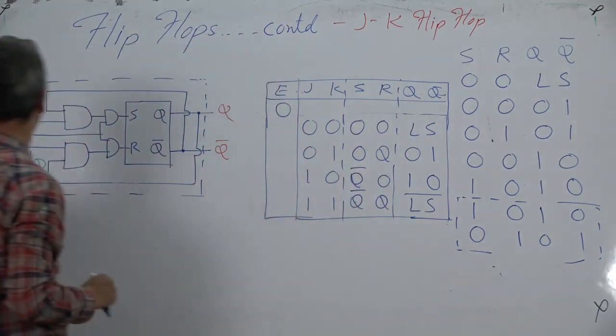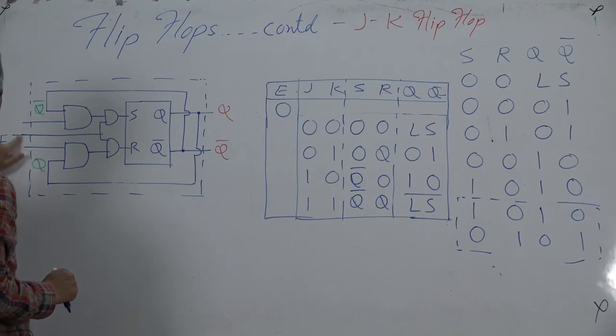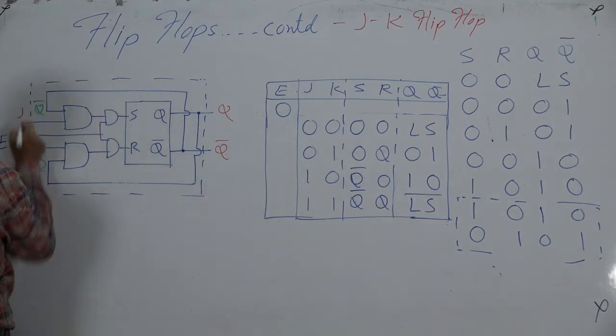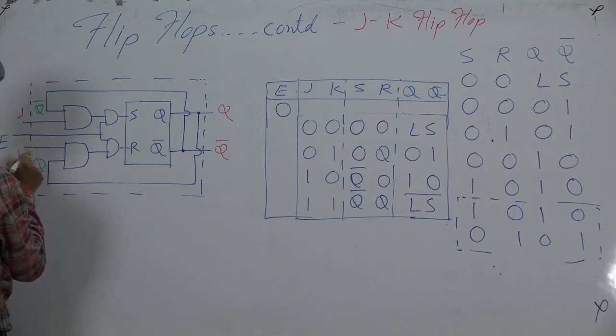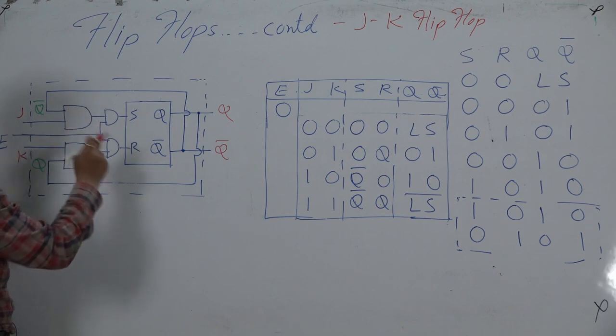If E is 0, irrespective of J and K, what is going to happen? If E is 0, whatever it might be, these two will be 0 0.